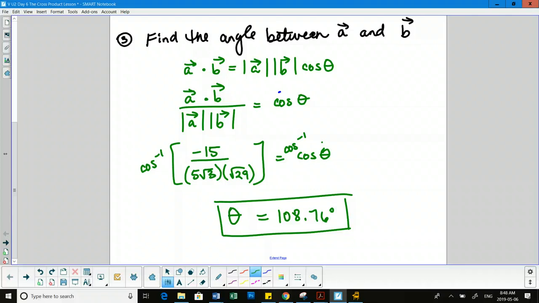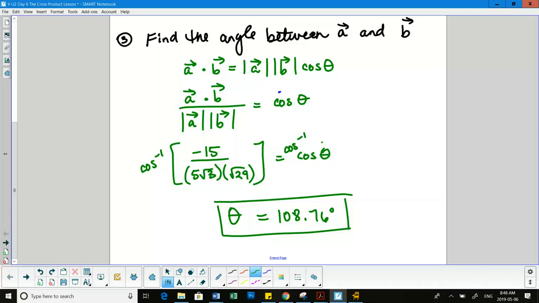Okay, there's a couple of things that I can do to maybe check my work here. If I wanted to potentially plug this 108.76 back in here, if I'm confident in my calculation of the magnitude of A and magnitude of B, I can see if my answer gives me the dot product that I calculated above. But you do need to at least have some component of correct work there, right? Like if I don't know that magnitude of A and magnitude of B are correct, that's a little bit tougher.